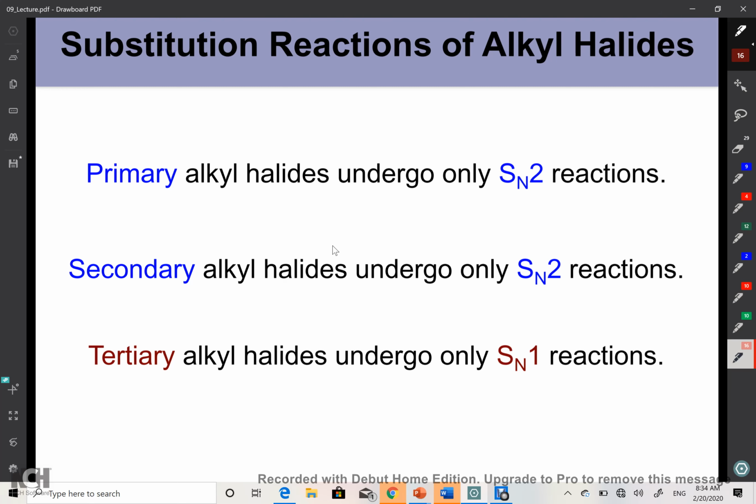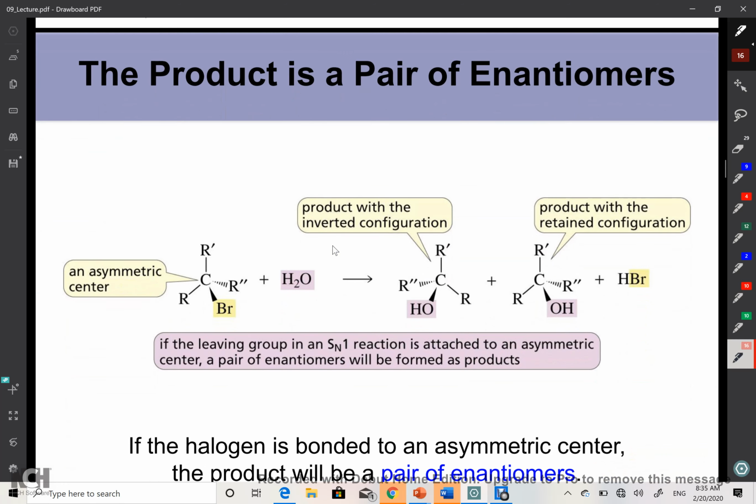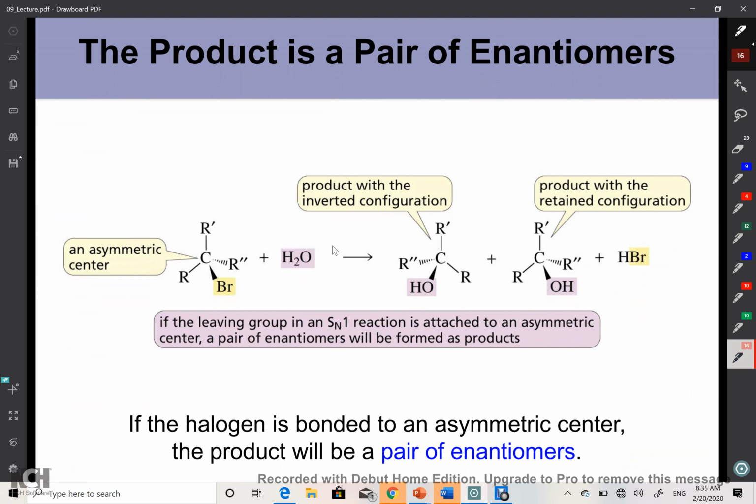Now take note, sometimes secondary alkyl halides can also undergo SN1, but they will preferably undergo SN2 over SN1. In terms of the stereochemistry, just like we discussed, the product is a pair of enantiomers, meaning a mixture of enantiomers.